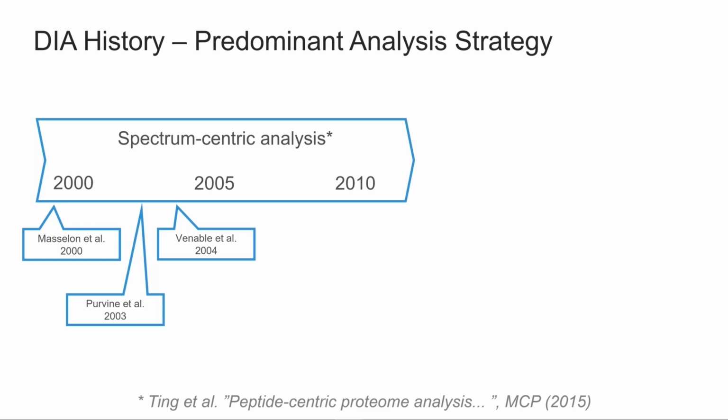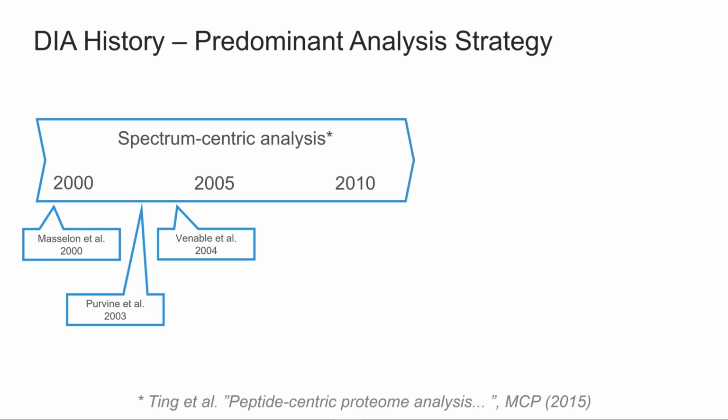And the reason why they did that was simply because during these times, this was the way how DDA data, data-dependent acquisition data, was analyzed. And hence, they just used the existing tools back then to analyze the DIA data.